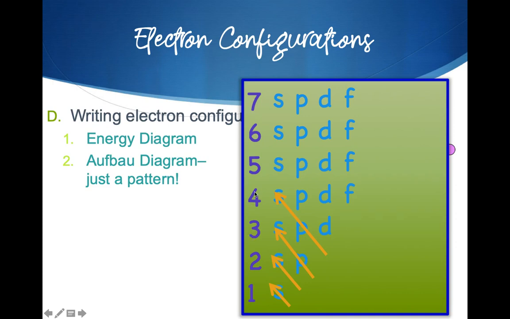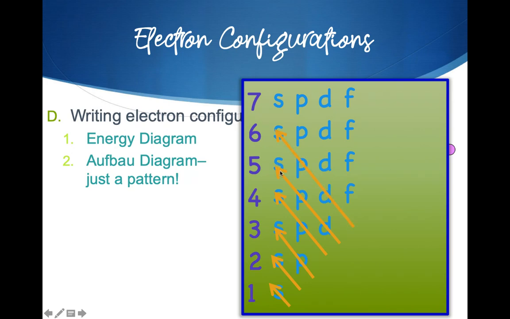But it's easier to fill a 4S, which only has 1 orbital and 2 electrons, than a 3D, which has 5 orbitals, 10 electrons. So when the natural world is trying to fill an electron cloud, it's going to do what's simplest first. And in this case, 4S is simpler. And then we're going to go back to the 3D. Then it goes to 4P, then it goes to 5S, and then that diagonal pattern continues.